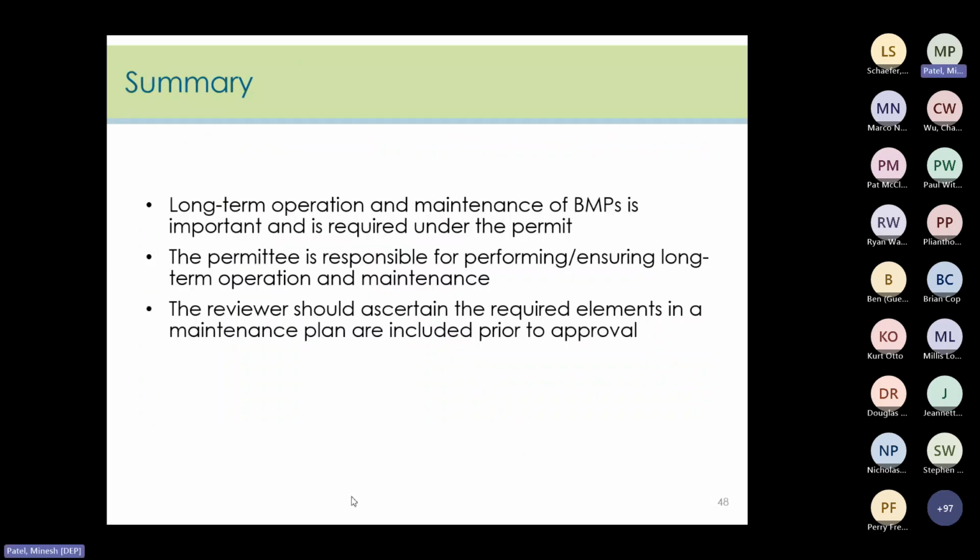So to sum things up, without proper long-term maintenance, the BMPs may not continue to function as designed, resulting in impacts to the environment. The permittee is required to ensure long-term operation and that maintenance is being performed. A municipality may institute measures to facilitate these efforts.